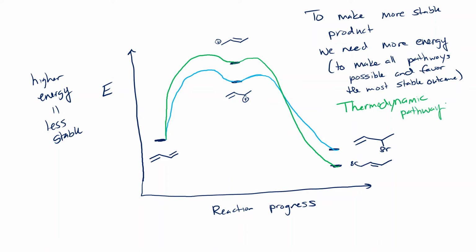And when I say more energy, of course, I mean higher temperatures, right? The energy that we usually add to organic reactions is heat. So the higher the heat is, the more we're going to favor the thermodynamic pathway. So generally, when we say higher temperatures, what we mean is things above 30 degrees Celsius.